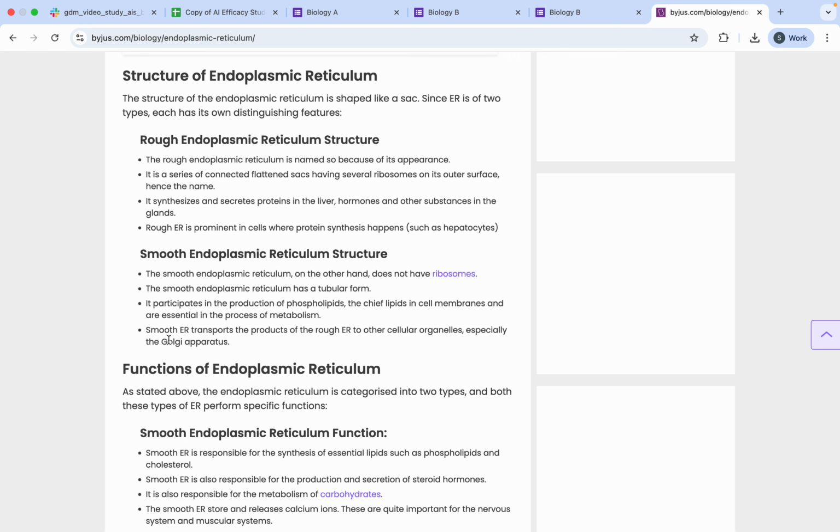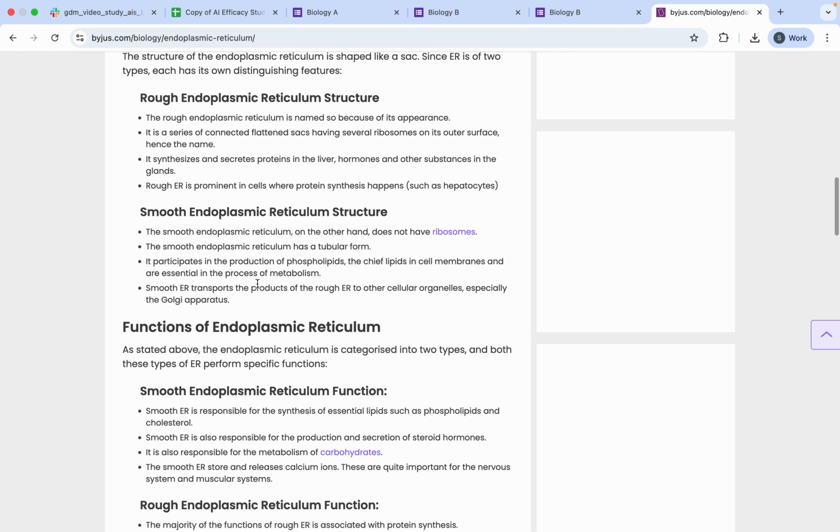Smooth endoplasmic reticulum transports the products of the rough endoplasmic reticulum to other cellular organelles, especially the Golgi apparatus.